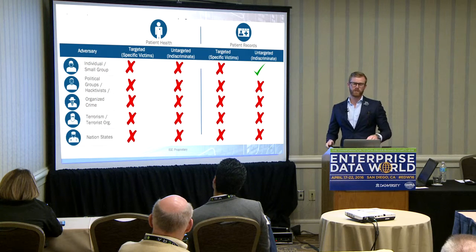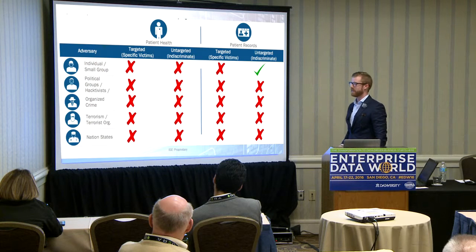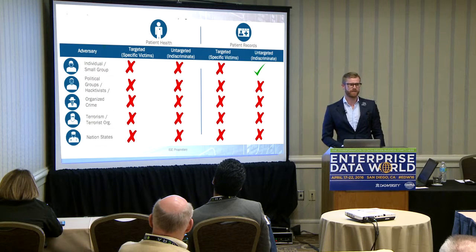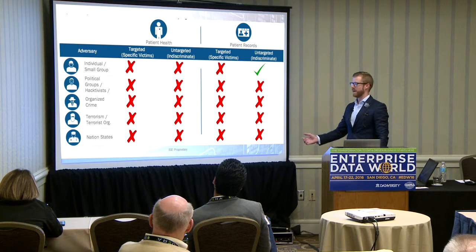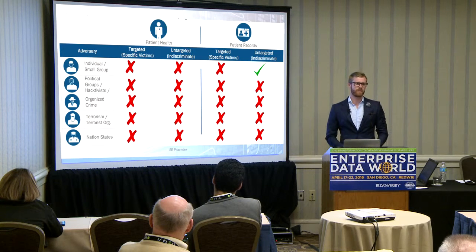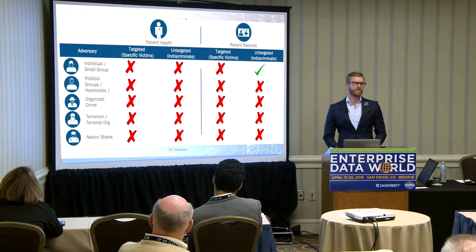So, to summarize what I just described, the healthcare industry is focused on protecting patient data against unsophisticated, untargeted attacks. Everything else, however, does not have effective considerations in place, including the entire sphere of attacks against patient health.